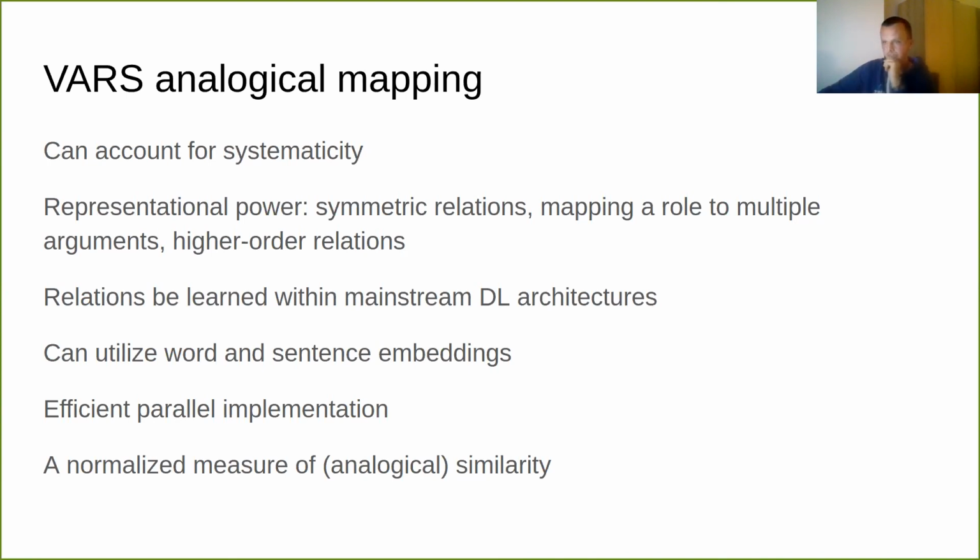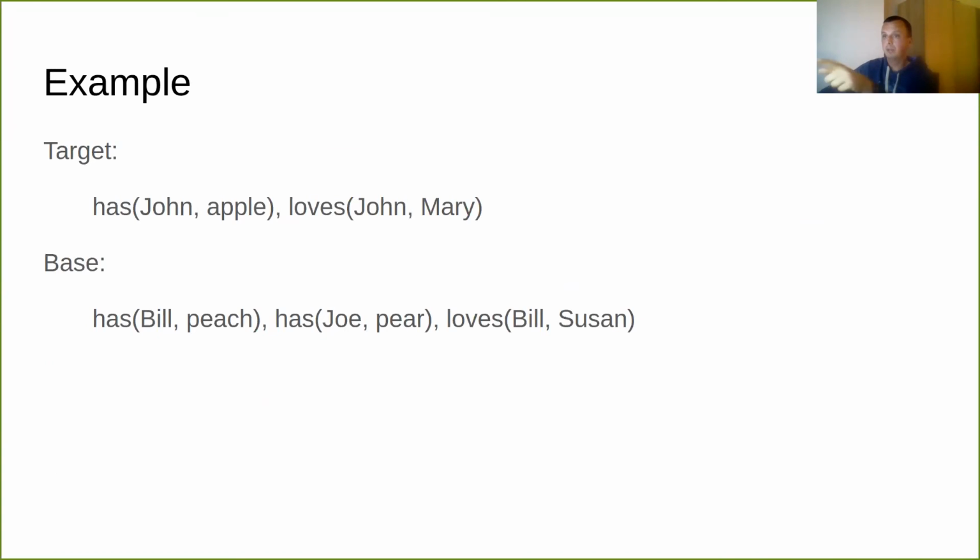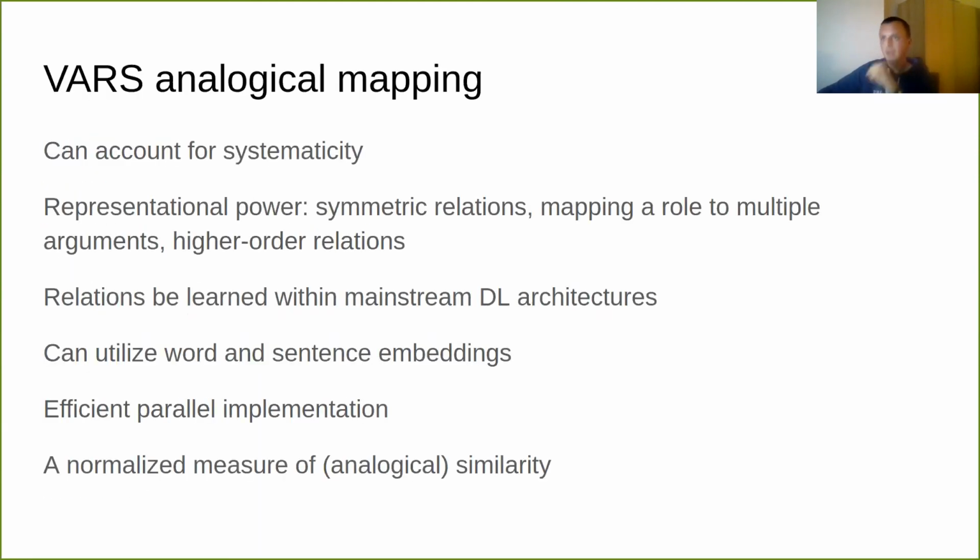Even if you don't use this, you can still use rich semantic representations such as word embeddings. You can just put word embeddings into the slots, and this is what I did for this simulation. For example, for peach, I took the graph embedding of peach and just put it in the corresponding slot. So we can make use of these existing representations, even if you don't learn them, but you can also learn them if you want.